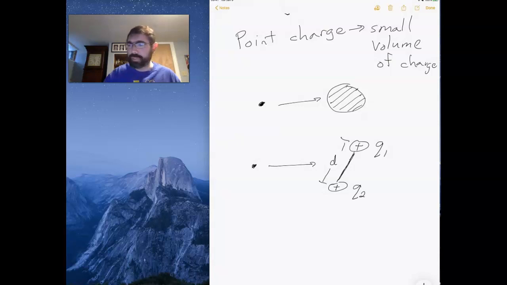And the case of the point is when we take the limit as d goes to 0. So we can solve the problem, come up with an equation, and then take the limit where we let that distance d go to 0 and achieve a point-like status.